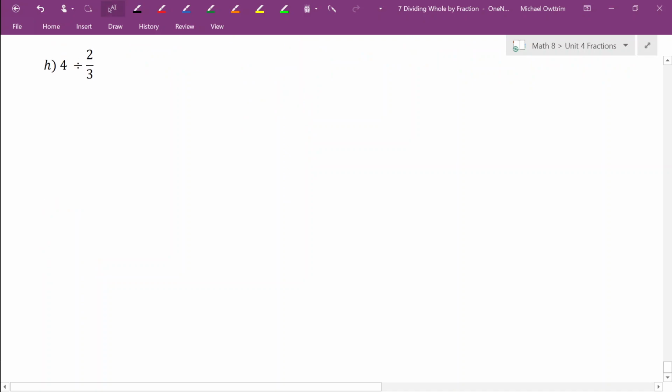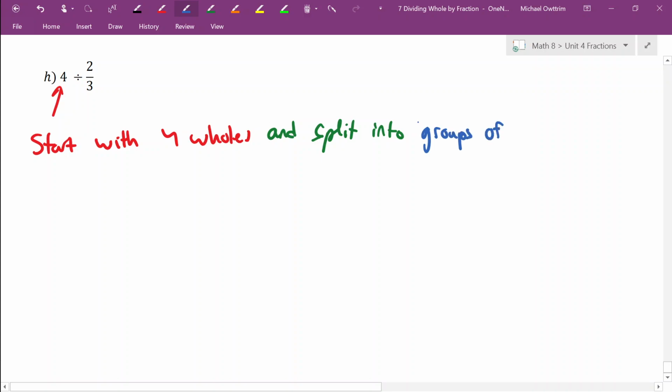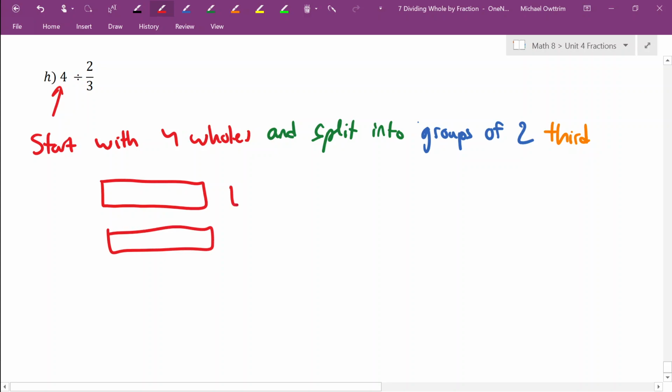Oh, sorry, one more. Start with 4. Divide sign means split into. And then our second fraction, we've got groups of 2, and each of them is a third. So here's 1, 2, 3, 4 wholes.